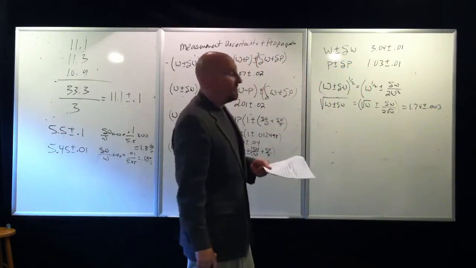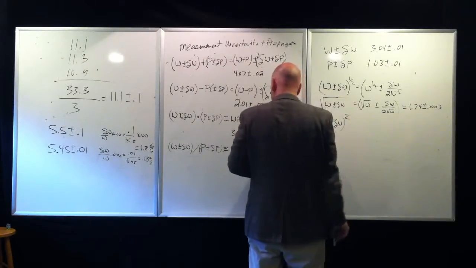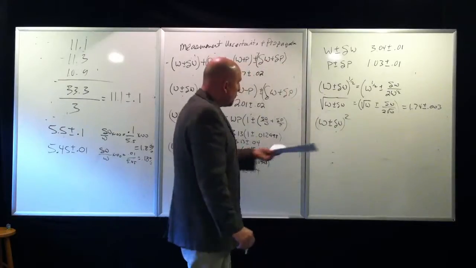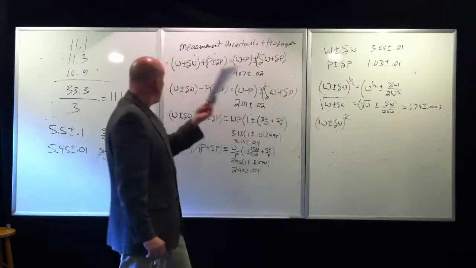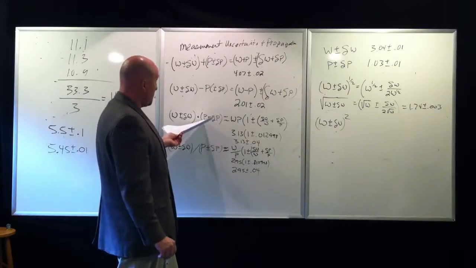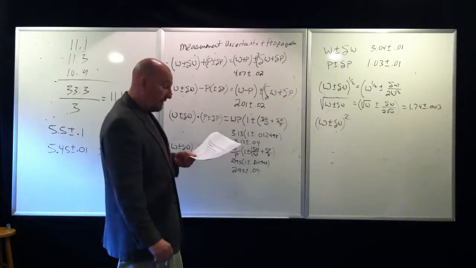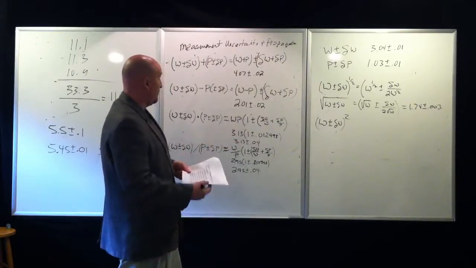And the last operation that we'll go over is if you square it: W plus or minus delta W, squared. This is just the same process as here, but replacing P plus delta P with W plus delta W, and doing all the swaps.